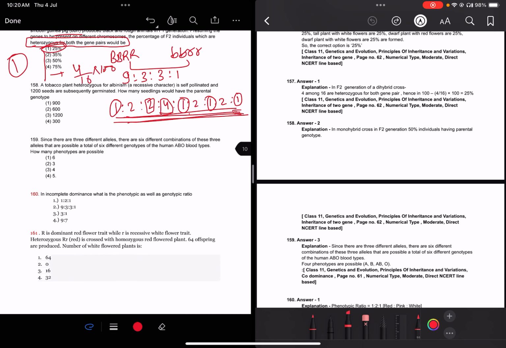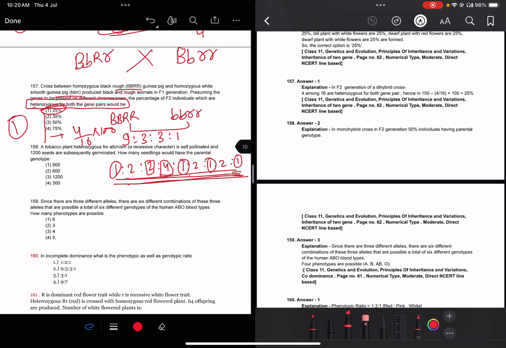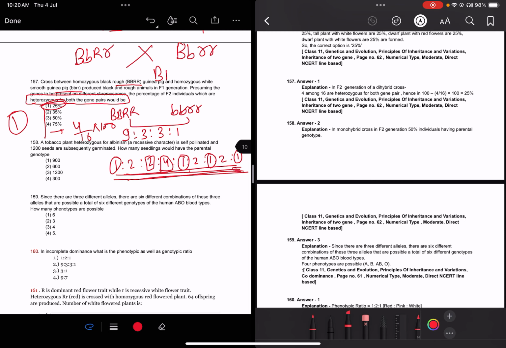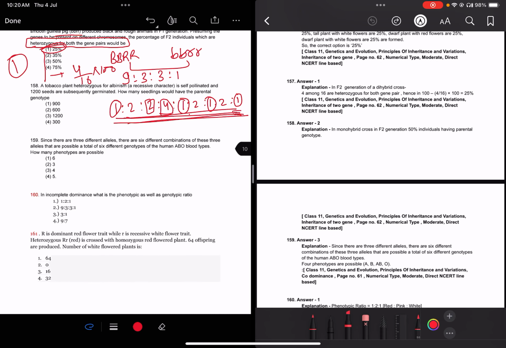Whenever we do the cross, the typical cross comes like this, and only one such type will come here, which is either this or this, not the heterozygous condition, only homozygous.